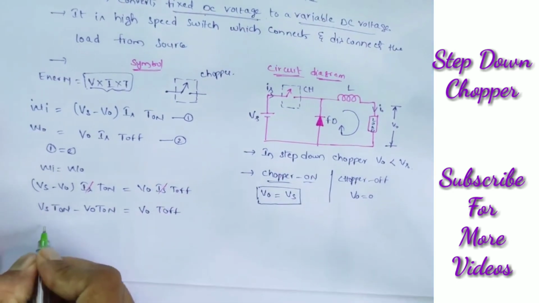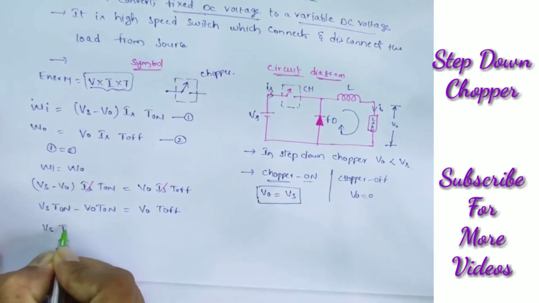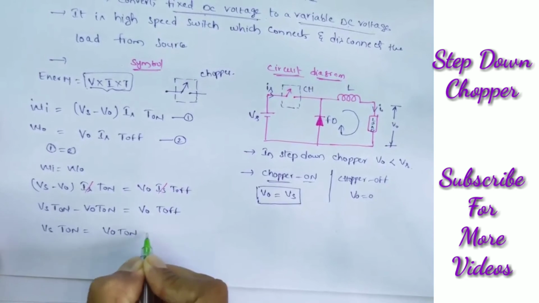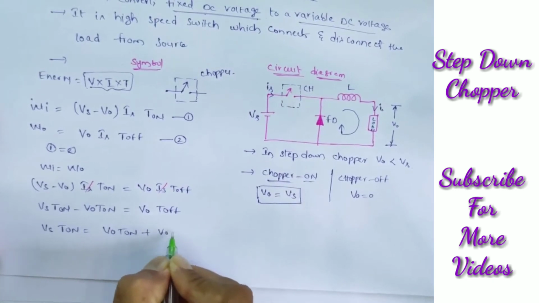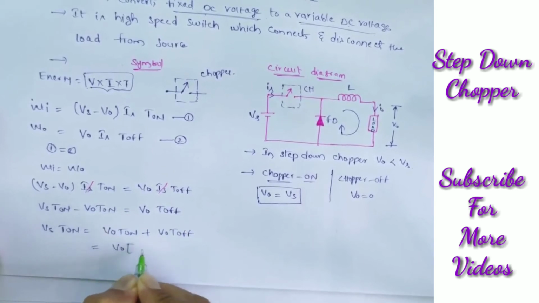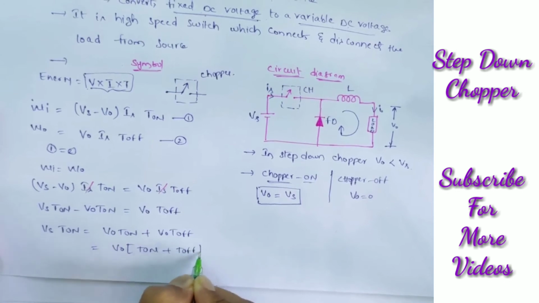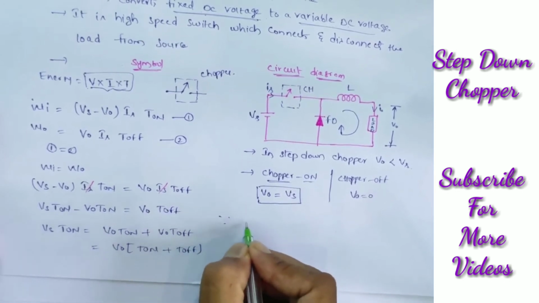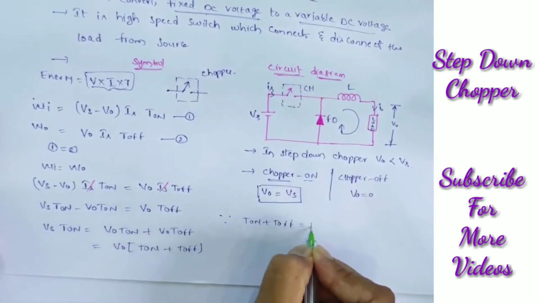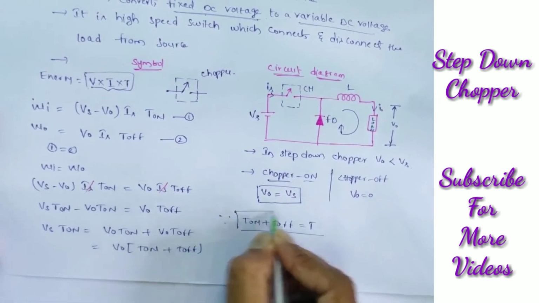Then Vs T on equals V0 T on plus V0 T off. Taking V0 common, T on plus T off. Here T on plus T off equals T, the total time.